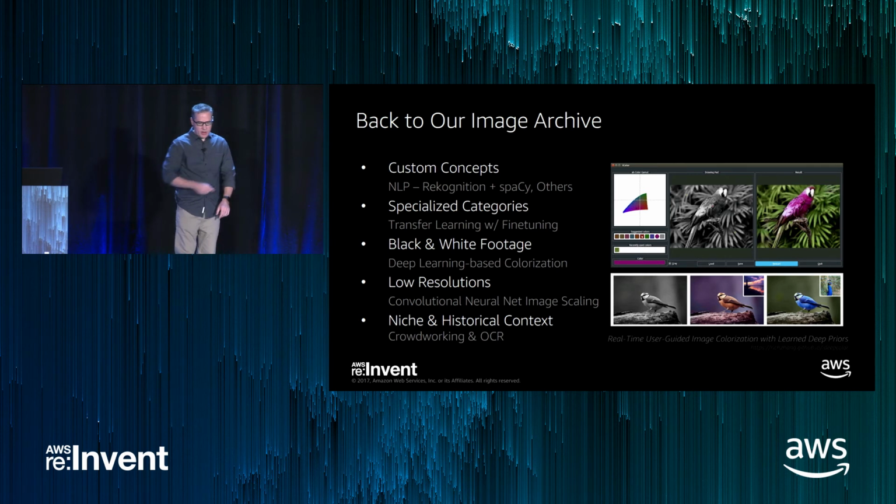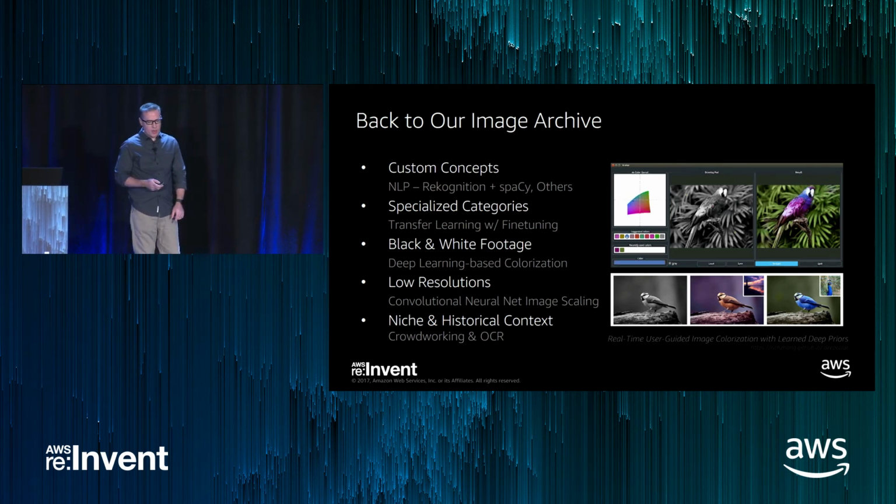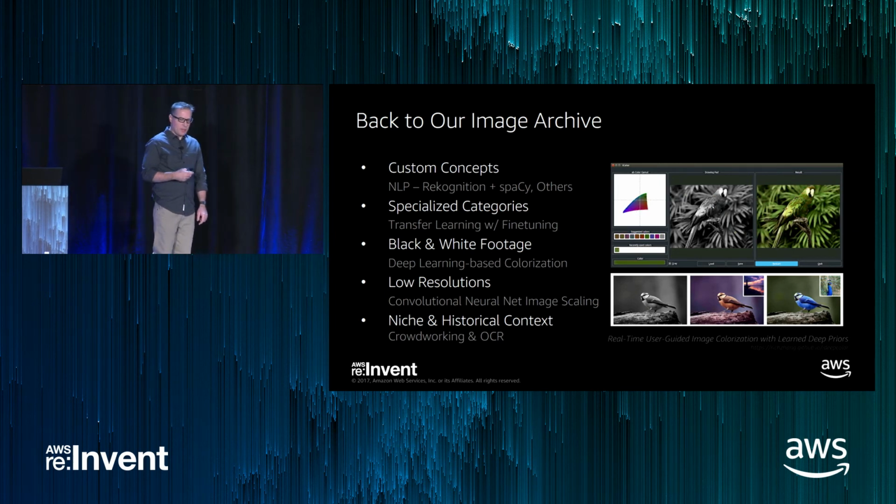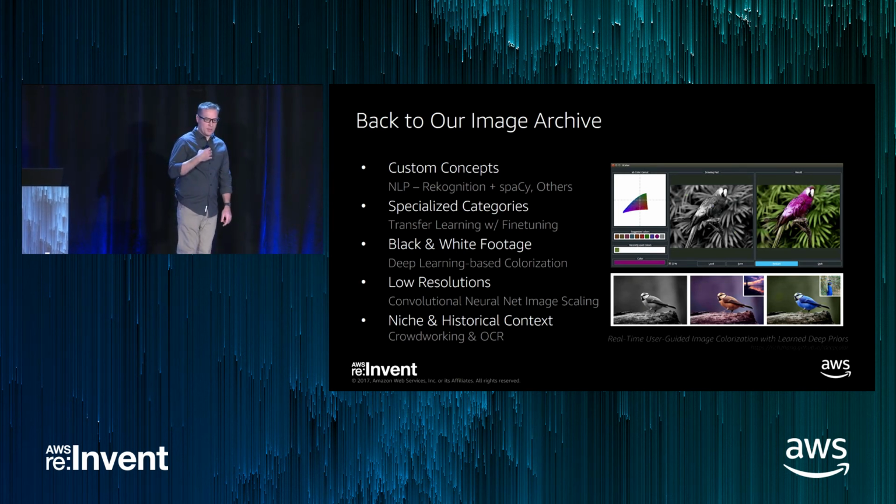But this particular project here on the right-hand side, which is open source, basically allows you to tag different parts of an image, and then it colorizes it based on a semantic theme. And that theme is derived from what you can see on the bottom side. We could use labels coming back from recognition for that.